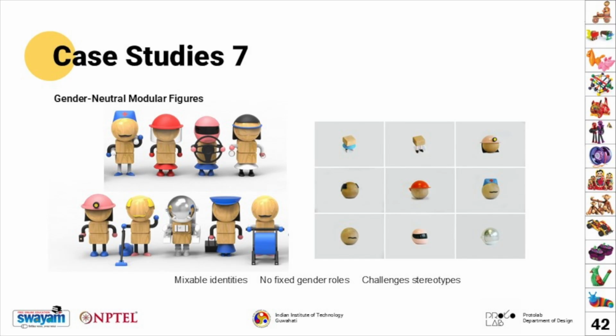The design does not remove identity, it expands it. Here, universal design operates at the symbolic level. Participation includes emotional permission to imagine oneself in any role. The lesson here is that inclusion is also about the stories objects allow.